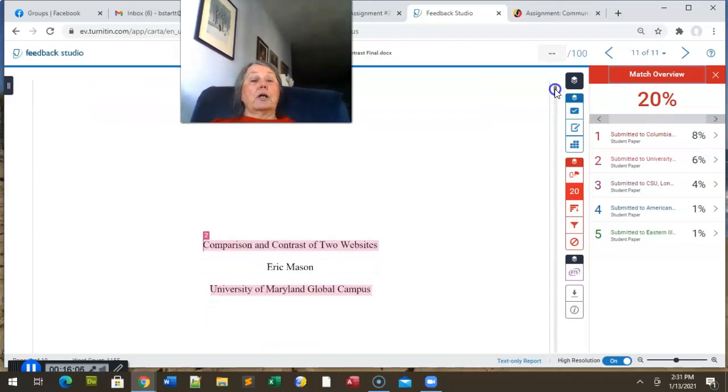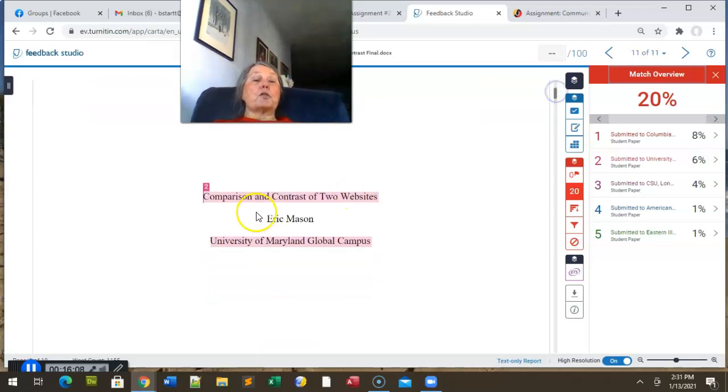But if you look right here, here's the first one, comparison and contrast of two websites. Well, that's actually the title of that particular assignment. So it says here that it found it in a university paper. Well, obviously anybody else who's done the same assignment, that heading is going to be found there in each one.